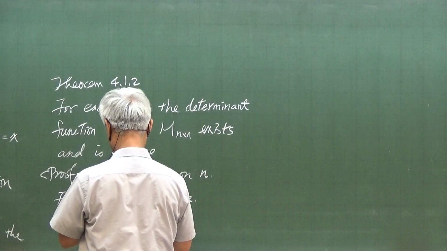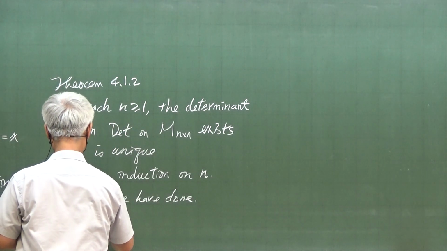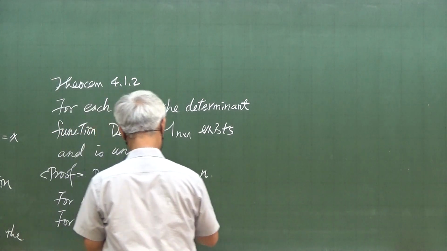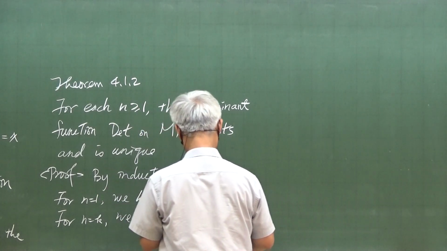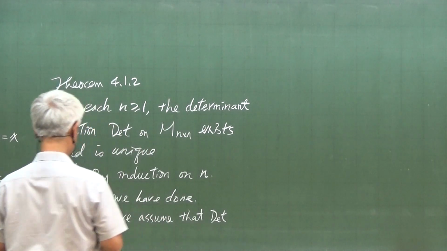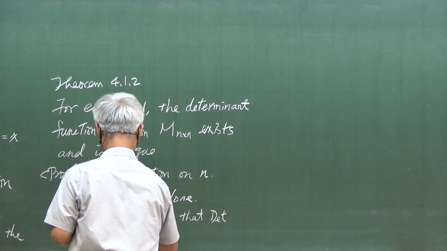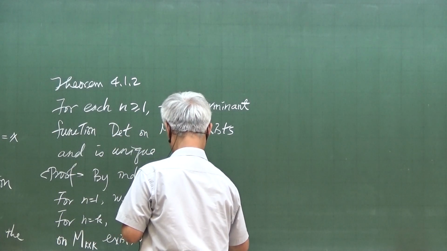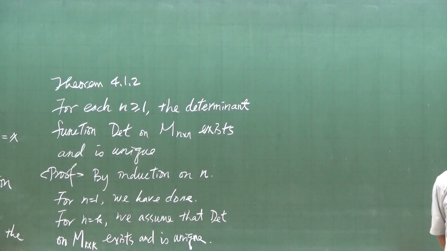For n equal to k, we assume that the determinant function on the set of all k by k matrices exists and is unique.